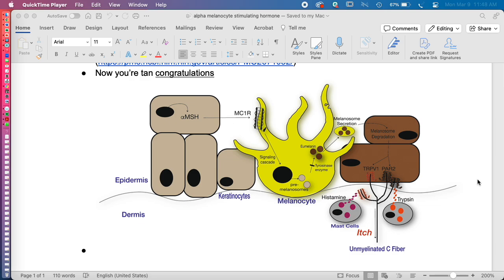Thinking about a comparison between those two examples, does the pathway that we're examining matter?